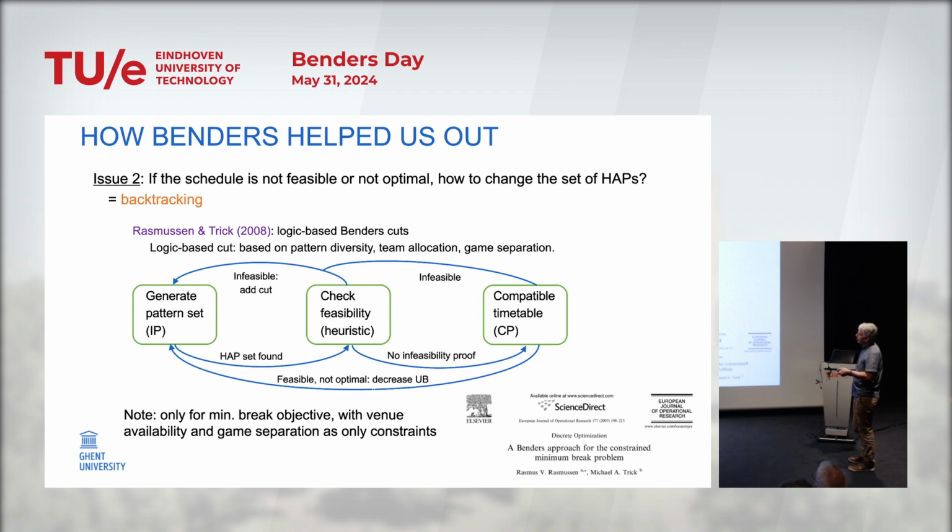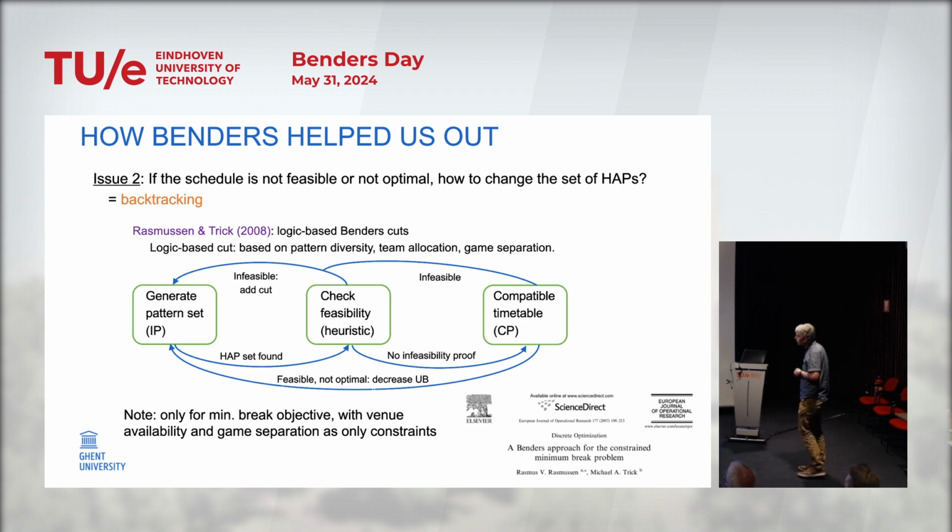Or they also have a heuristic to quickly check feasibility. If it turns out infeasible, they add a cut. If it is feasible, they increase the upper bound to get better pattern sets in the next round.